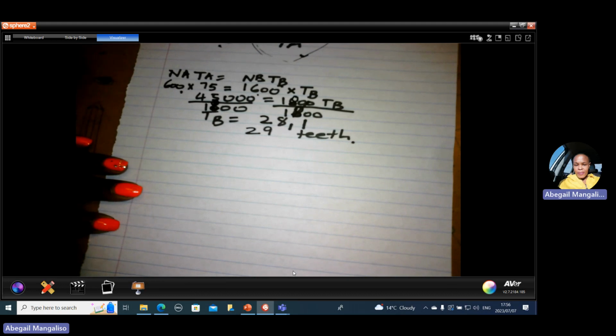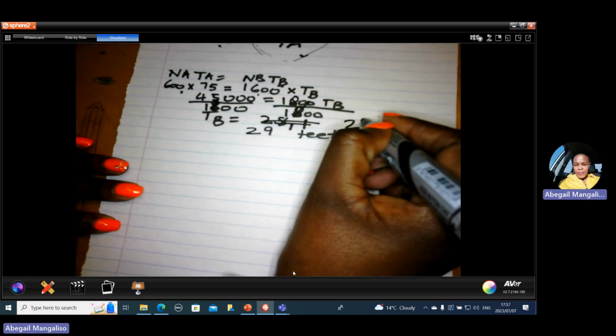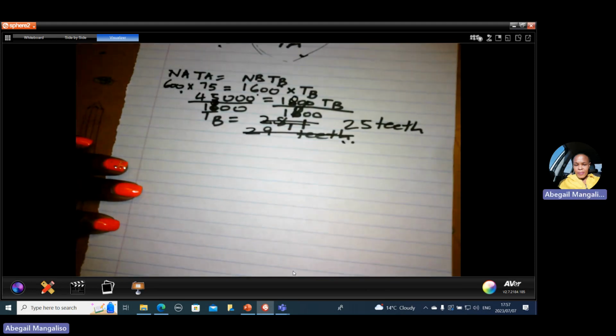So the answer for TB is 25 teeth. NB was given as 1,800.